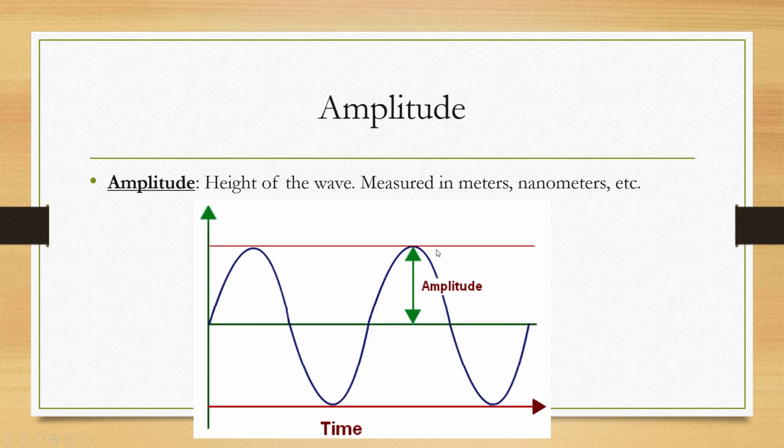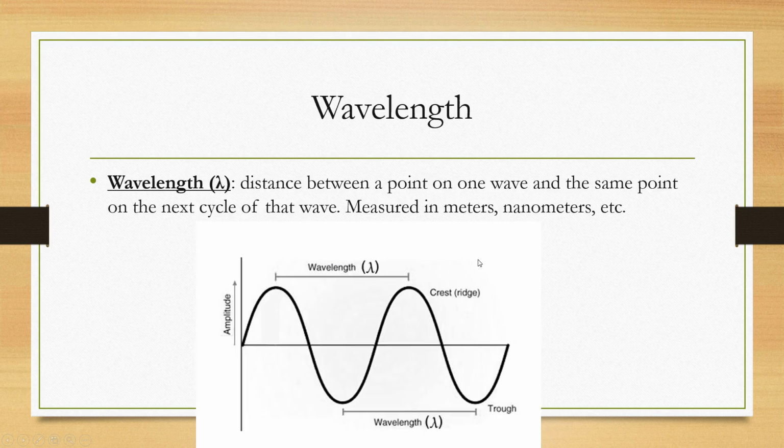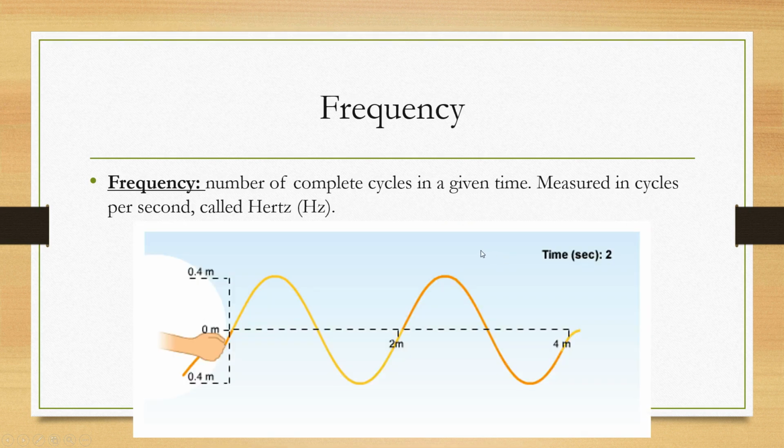If we go back, amplitude's a measure of distance or height, and wavelength is a measure of distance from peak to peak. Okay, the final one we have is something called frequency. Frequency is a measure of the number of complete cycles in a given time.